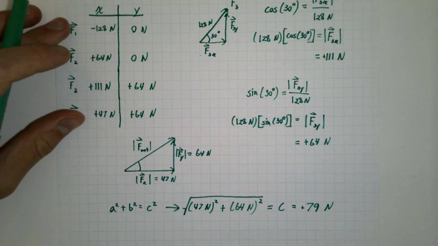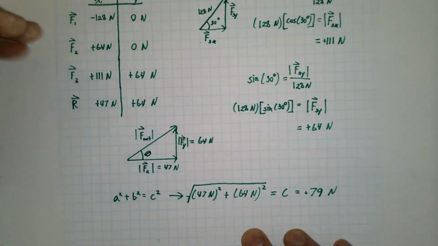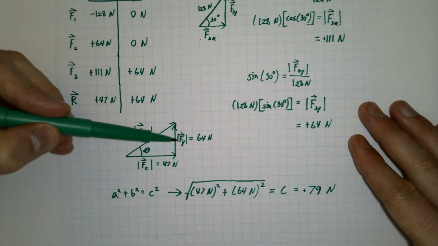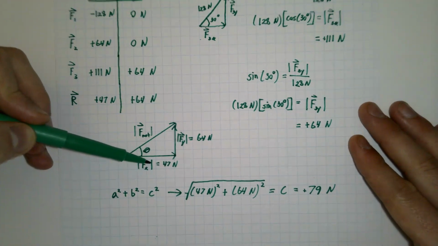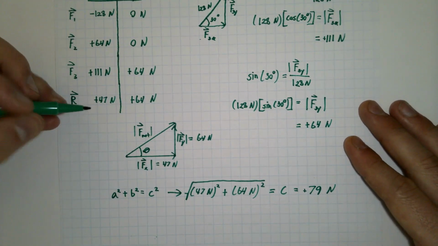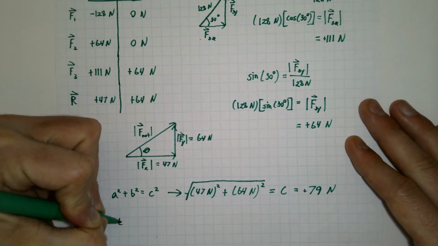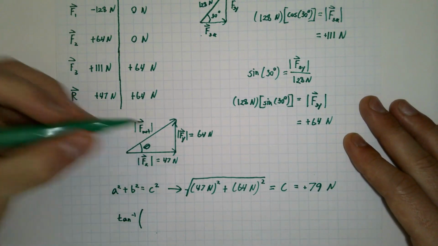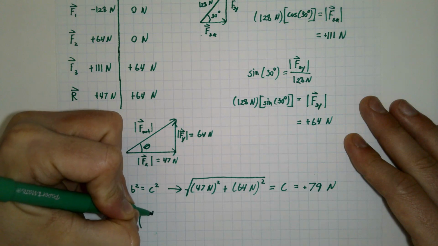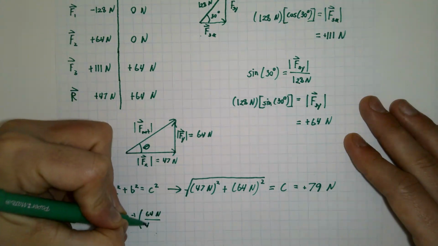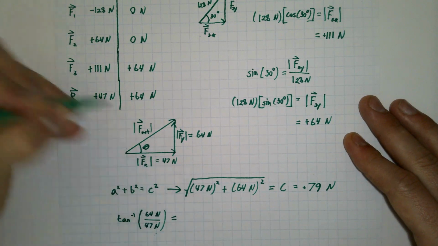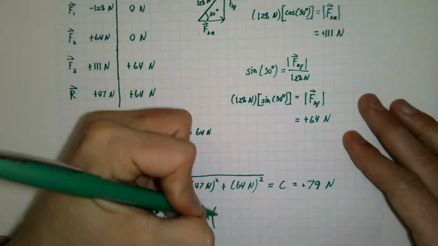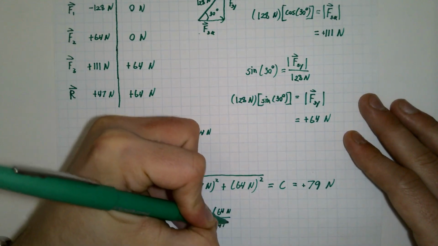Now we need to find the direction of the net force. That means the angle, right? This theta, whatever that is there. Now we know the opposite side of this triangle and the adjacent side. If we use arc tangent, or the inverse of tangent, so I can say tangent inverse of our opposite, 64 newtons, over our adjacent, 47 newtons, which is the same thing as saying the arc tangent of 64 newtons over 47 newtons.